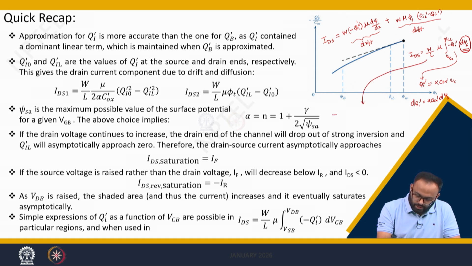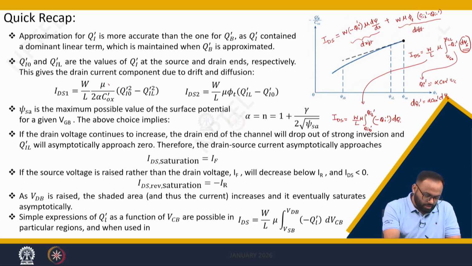When you do that, you will get I DS is equal to W divided by L, integral from q I 0 dash to q I L dash, mu into minus q I dash dq. When you integrate it, you will get the equation for drift.